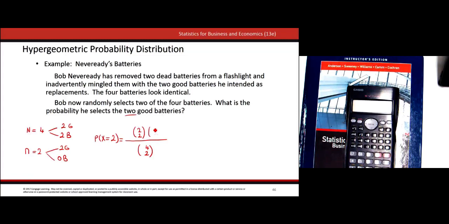Now how many bad batteries do we have? 2. Do we want any bad? No. 2 choose 0. These are the combinations. So then this is 2 factorial. 2 choose 0 is 1. 0 factorial is 1.